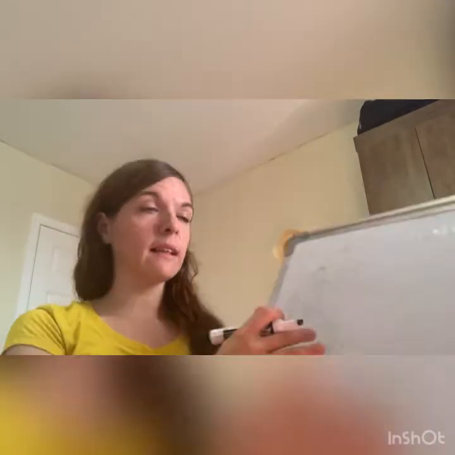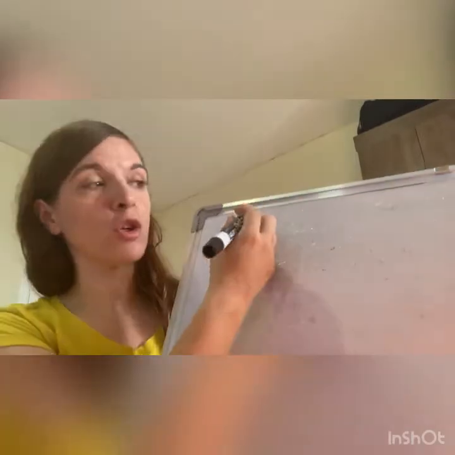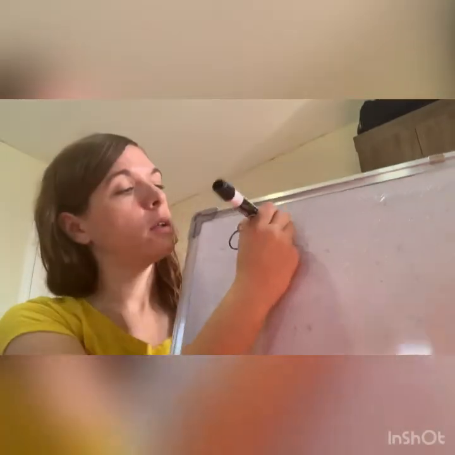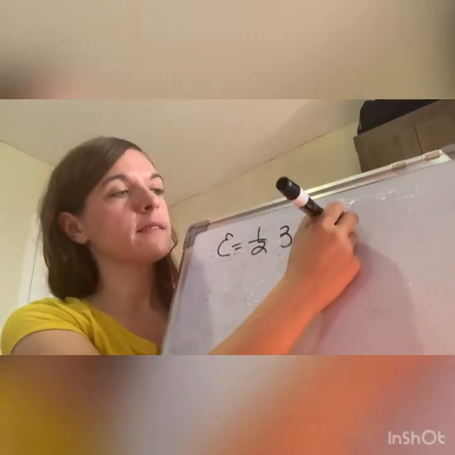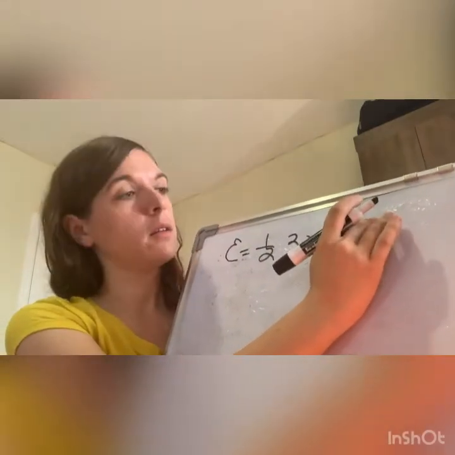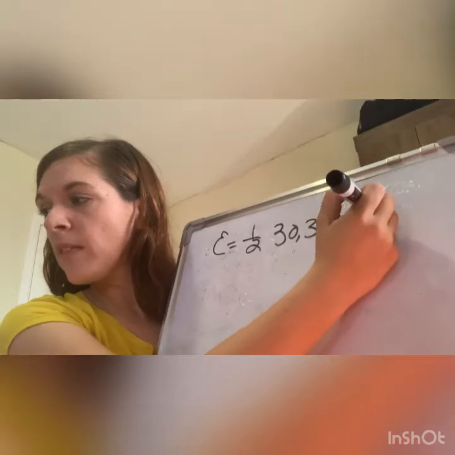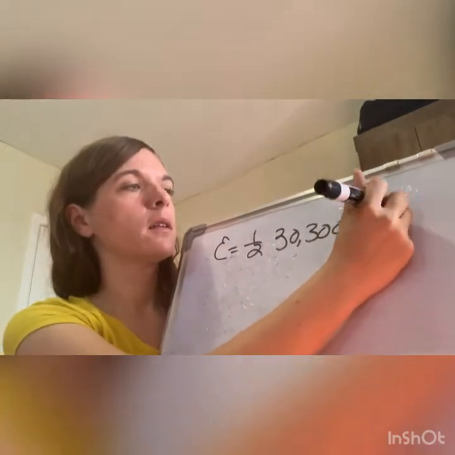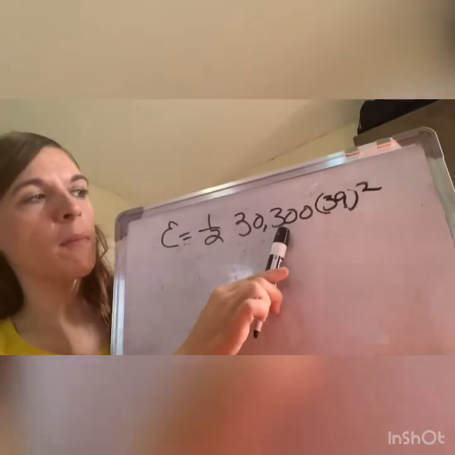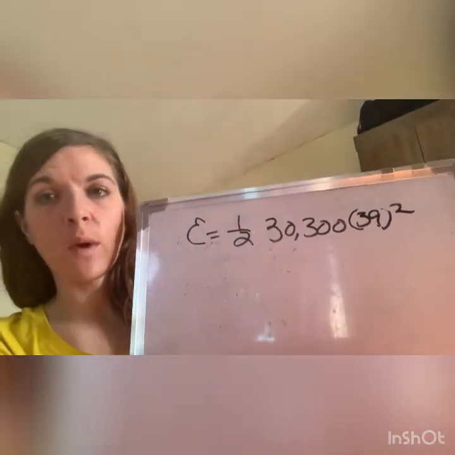Well, that's easy. I'm not going to actually get the calculation for you. I'm just going to show you how we set it up. You would have set it up like this, using the formula. The top speed is what you're going to use for your velocity. So it would have been 1/2 of the mass times velocity squared, okay?